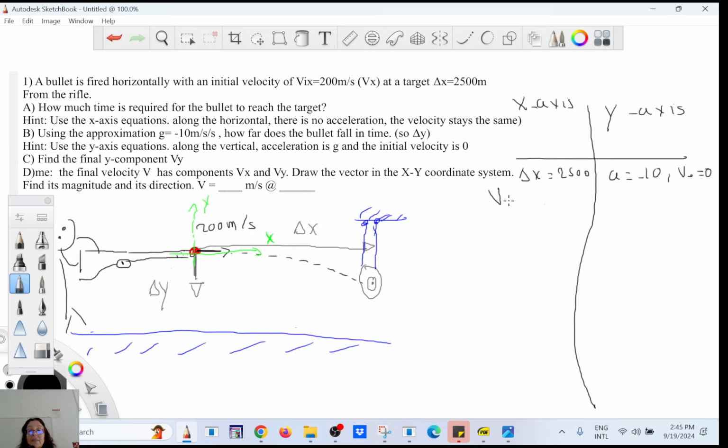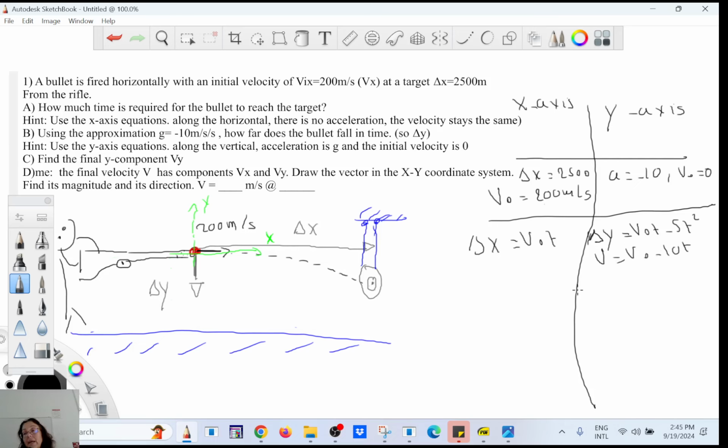It's the initial velocity along the x. Okay? Next comes the equation. So the equation is always the same. And then you have delta y equals, and so on.